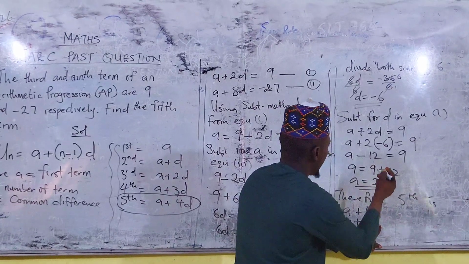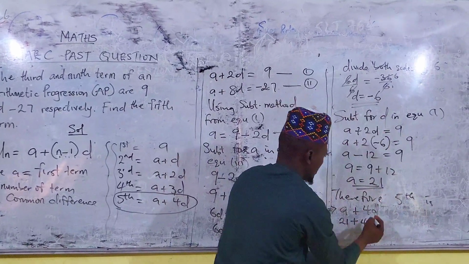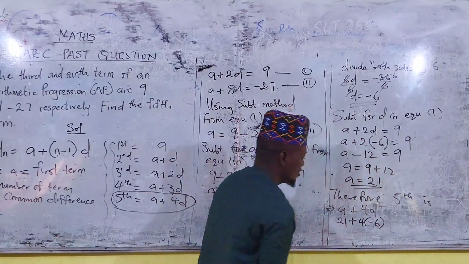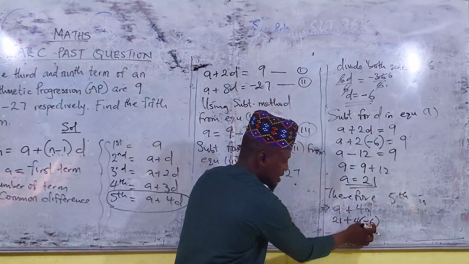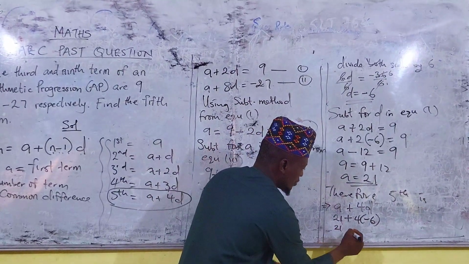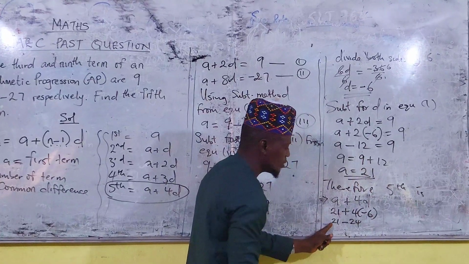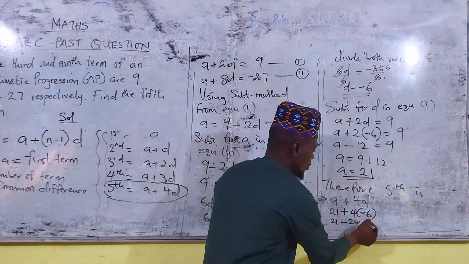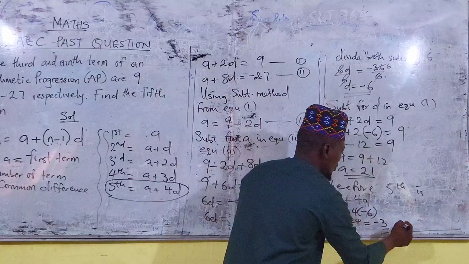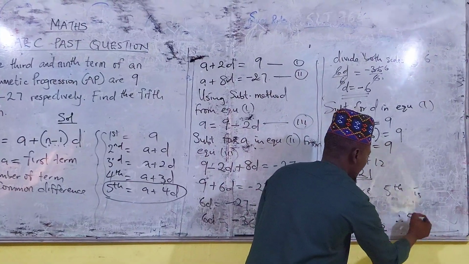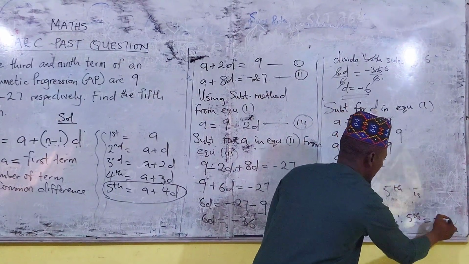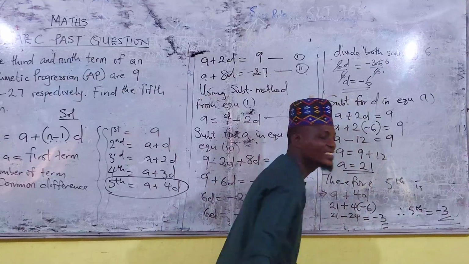D is what? Minus 6. Don't forget, plus times minus as usual. 21 plus times minus gives minus. 4 times 6 is 24. 21 minus 24 will give us minus 3. So, therefore, the fifth term is equal to what? Minus 3.